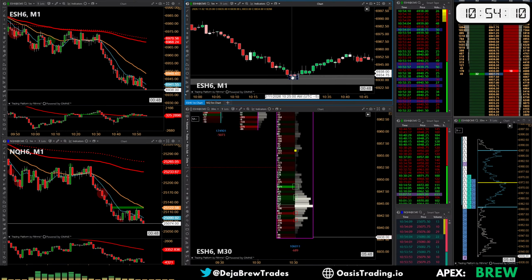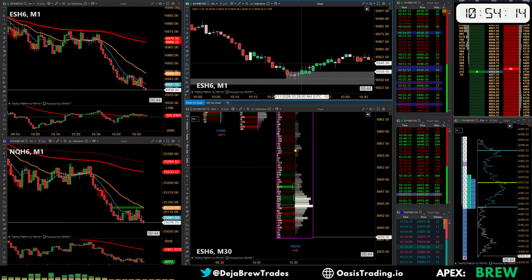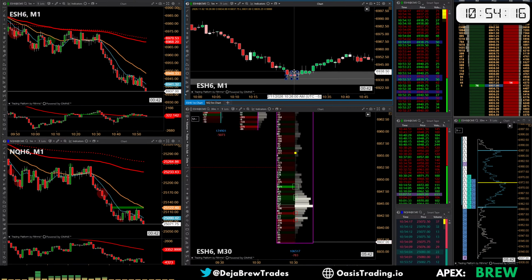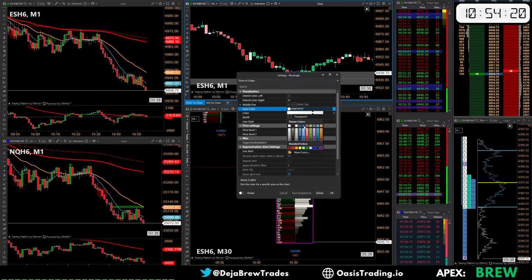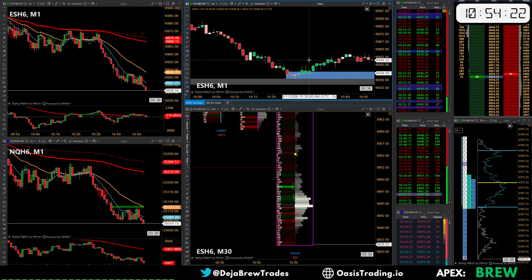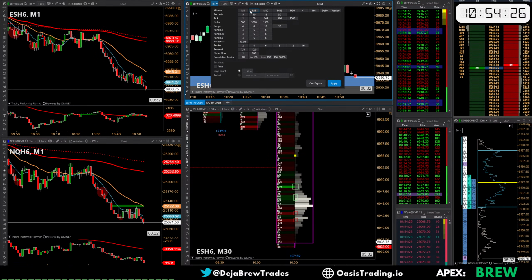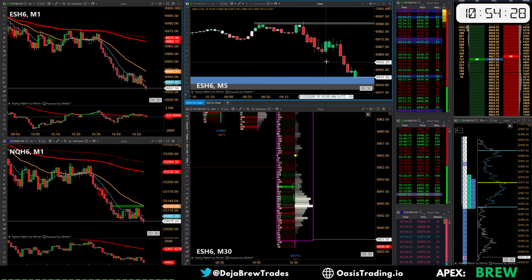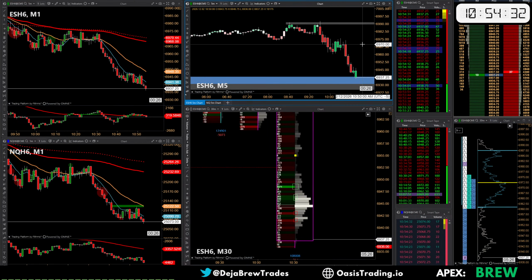So you can take the newer level, which is the higher one here. I'll change the color so we can tell the difference. And then the older level is the one right below it.